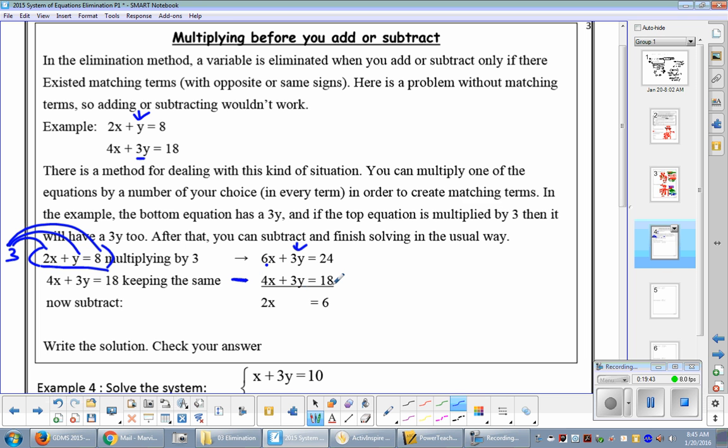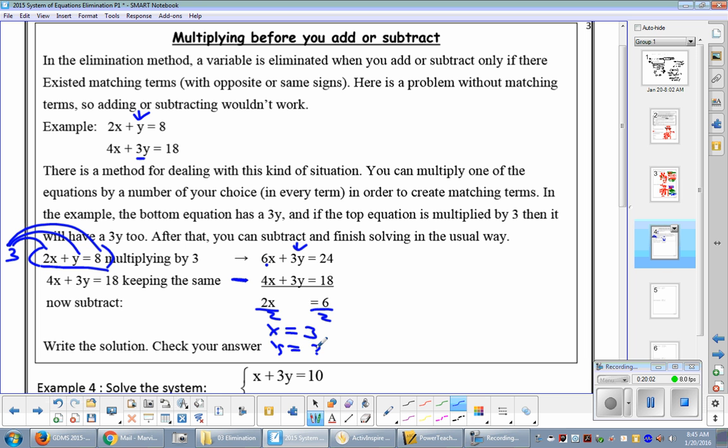And then 24 minus 18 will give us 6. Here, we can now divide both sides by 2. We'll get x equals 3. Then we'll just have to plug this into one of the equations to solve the value of our y.